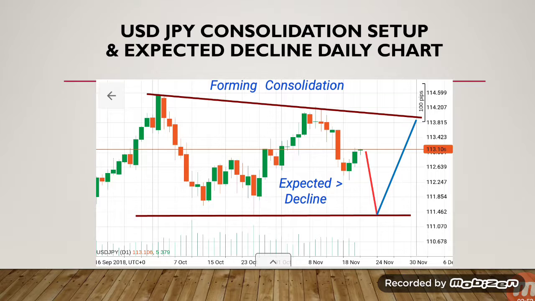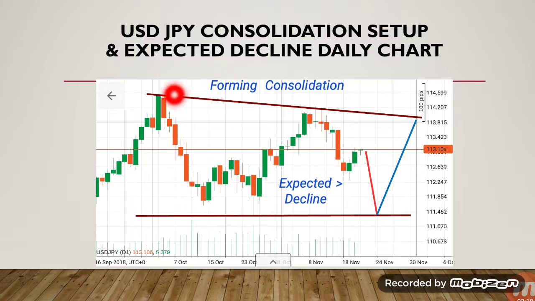Now, as you can see here on the US Japanese yen, based on the signals that have been provided so far on the daily chart, it definitely looks as if a consolidation is being formed on this time frame. As you can see here, the U-turn has taken place recently, and the market did not really respond to this as much and is now pulling back slightly.